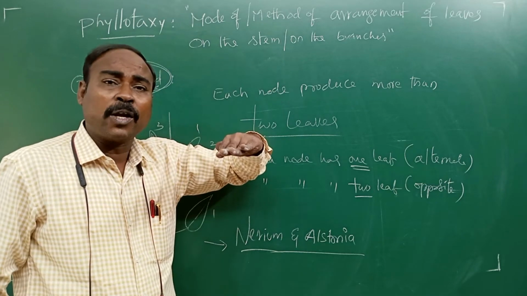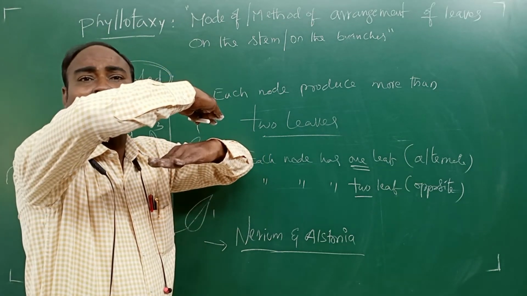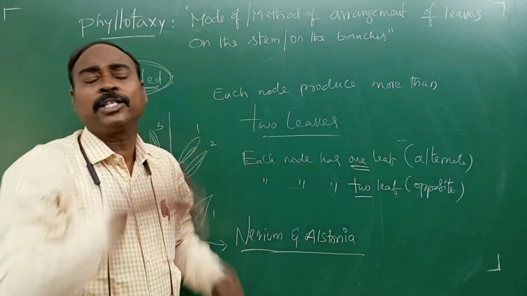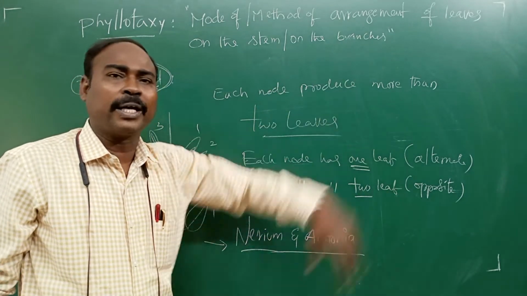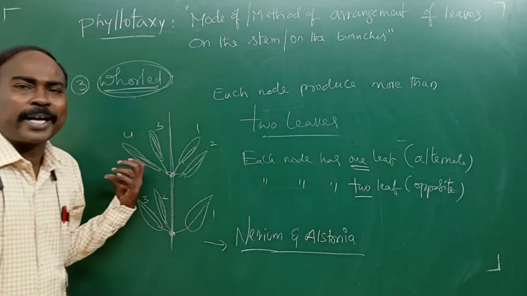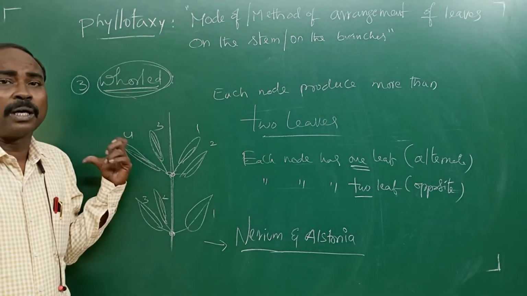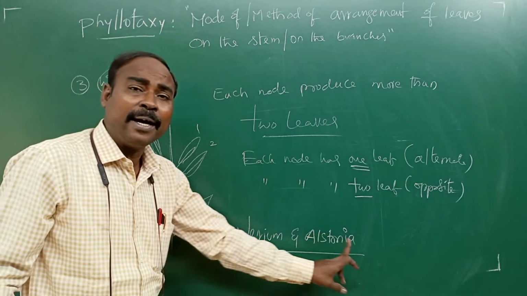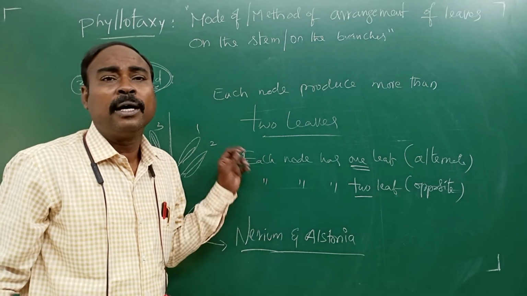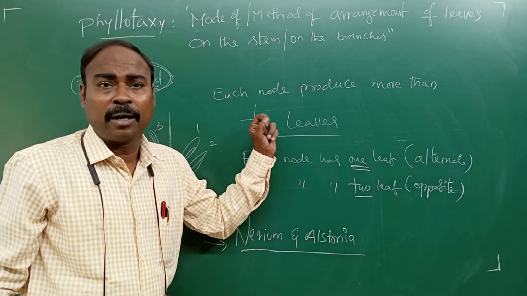If the pair of leaves in a node is at a right angle to the next pair, that is called opposite decussate, found in Calotropis. Whorled phyllotaxy means more than two leaves are found at every node, found in Nerium and Alstonia. This is about phyllotaxy, one of the important concepts.